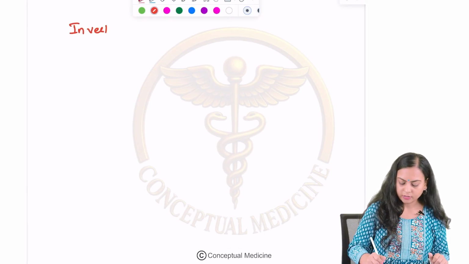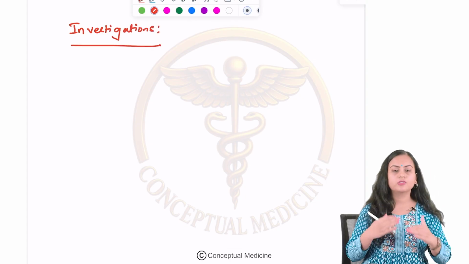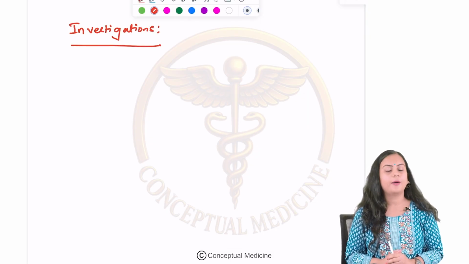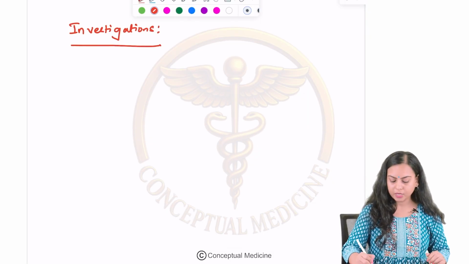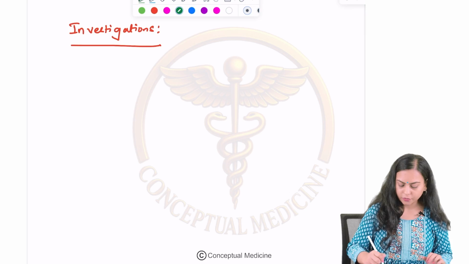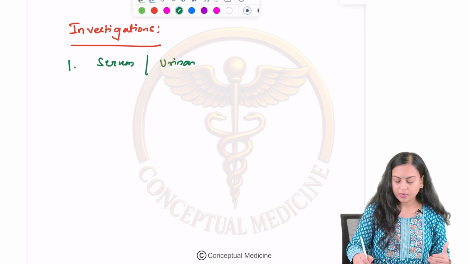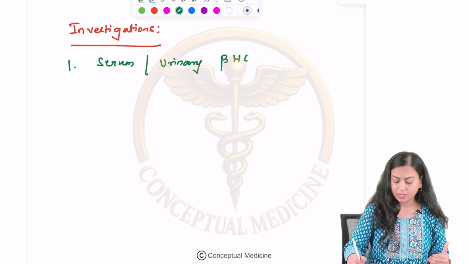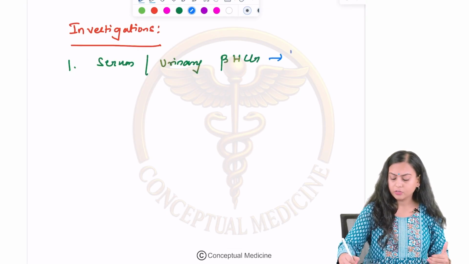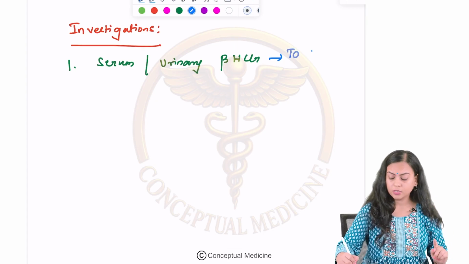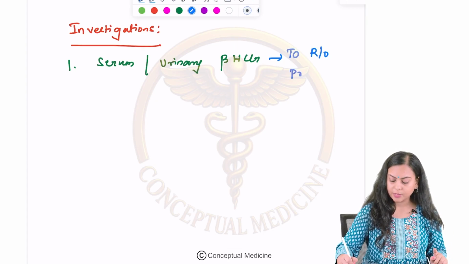Right. Now, let's start knowing what are the investigations as such you have to offer to your patient with abnormal uterine bleeding. Okay, so the investigations will include serum or urinary beta HCG. Very important thing is to rule out pregnancy in these patients.